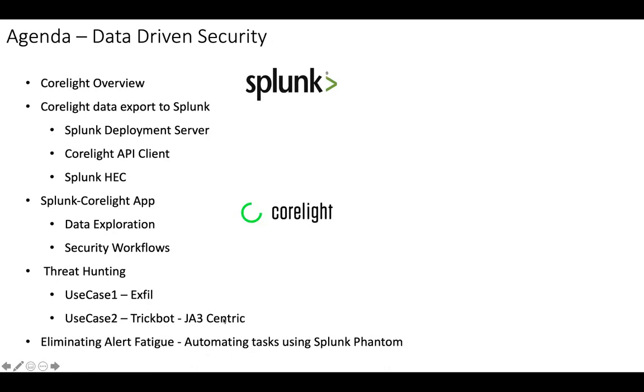Then we'll dive deep into a TrickBot use case as well, to do our threat hunting based off of SSL certificates and self-signed certificates. And at the end, we'll see how we can start eliminating alert fatigue by automating some of these tasks using Splunk Phantom.